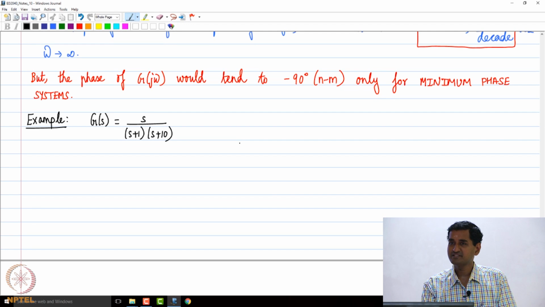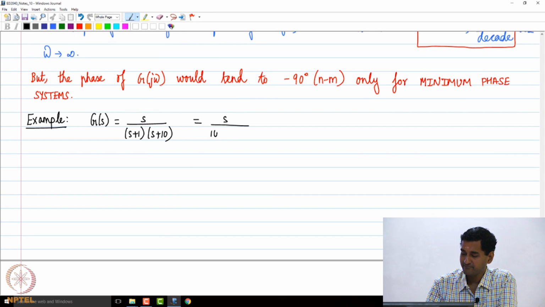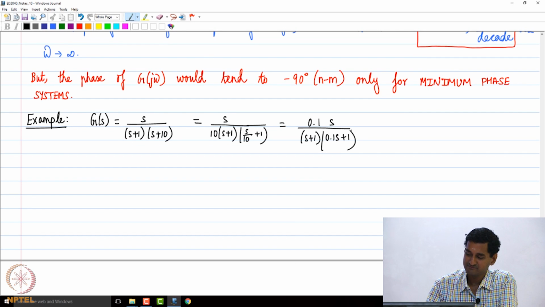So what should I change? The s plus 10 term in the denominator, I should make the constant term 1. So I just pull 10 out, and I get s by 10 plus 1. This gives me 0.1 s divided by (s plus 1) times (0.1 s plus 1).